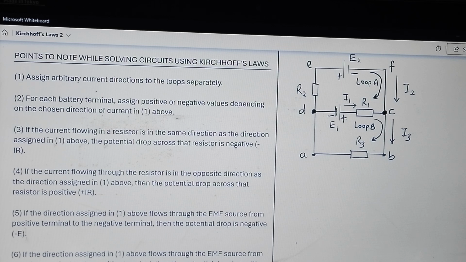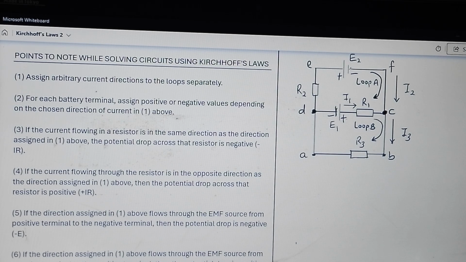Now, we have assigned this direction, and we've taken note of the first point. Let's go on to the second point. For each battery terminal, assign positive or negative values depending on the chosen direction of current in one above. What do we mean by that?